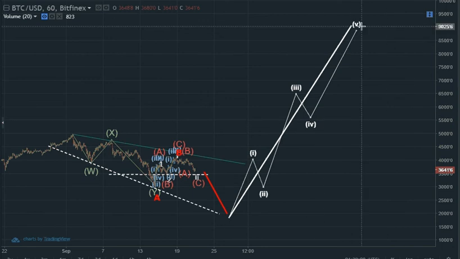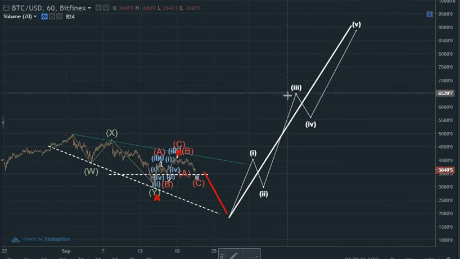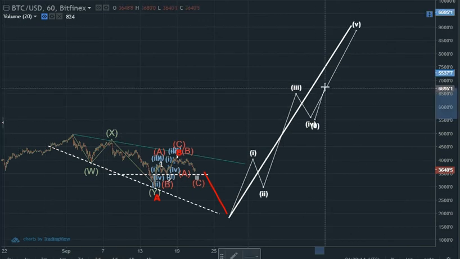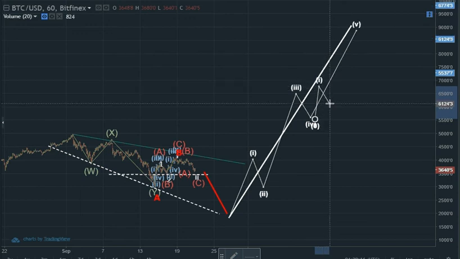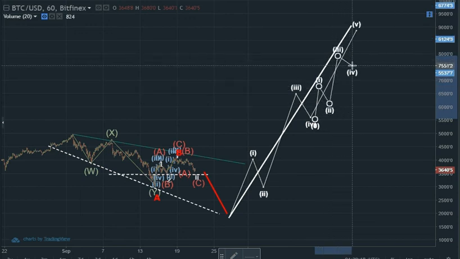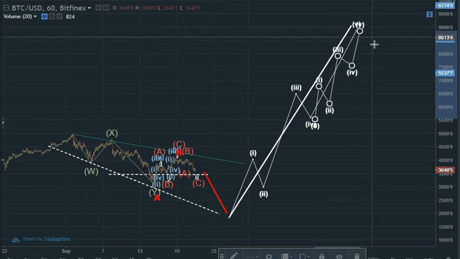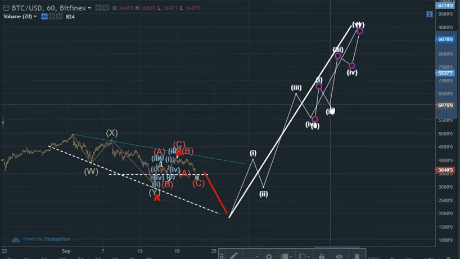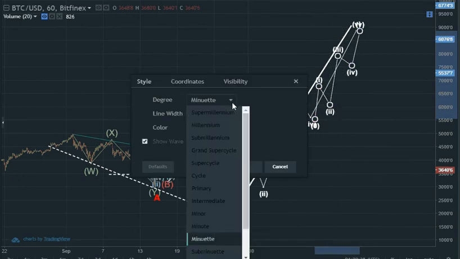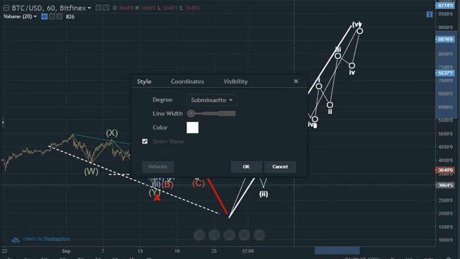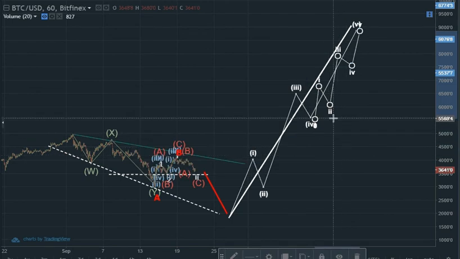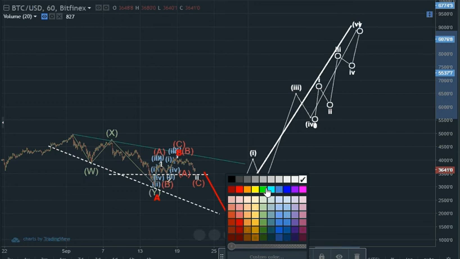Now let's take this wave 5 and go 1, 2, 3, 4, 5. I'm just going to call it subminuet. It's not in the right degree, but I just want to differentiate it to represent subwaves.